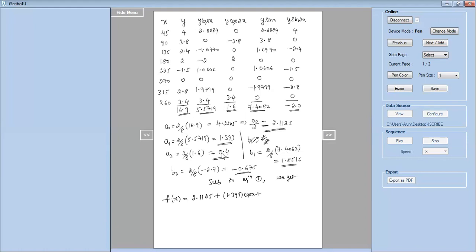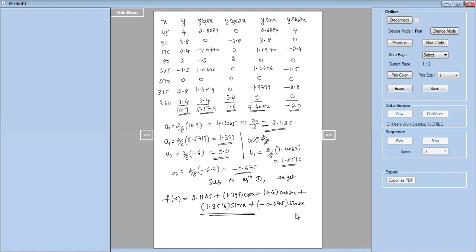A2 is 0.4 into cos 2x, plus next B1 sin x. B1 is 1.8516 into sin x, plus the last term B2 sin 2x. B2 is minus 0.675, so minus 0.675 into sin 2x. So this is the Fourier series up to second harmonics for this problem.